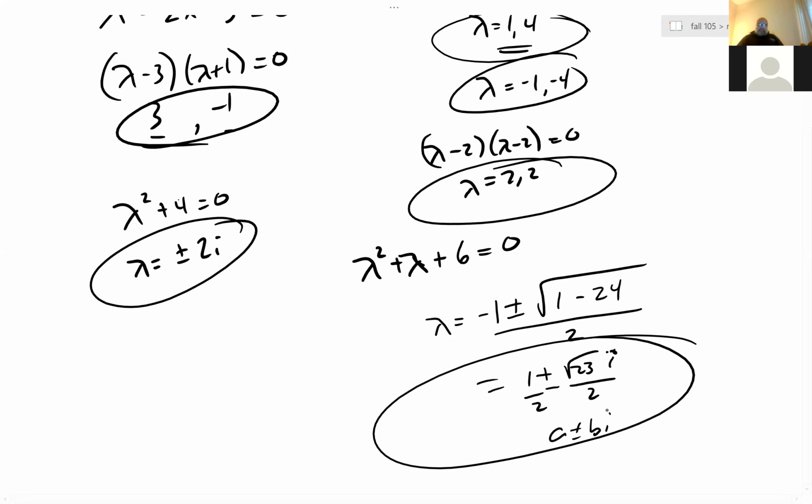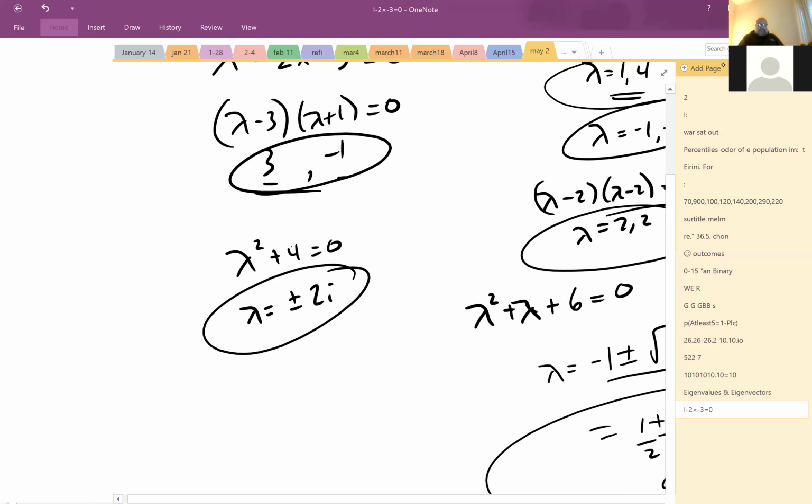Okay? And so where we really see these show up and where we're going to use them the most, for those of you that have taken differential equations, you've seen this. And if you haven't, you will see it if you take it eventually.